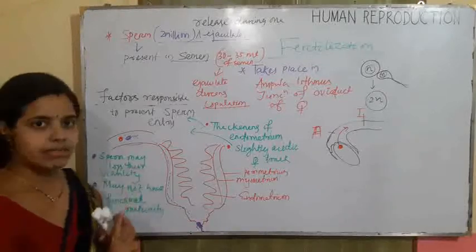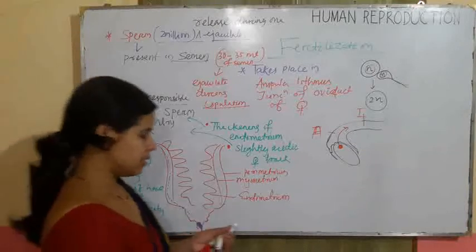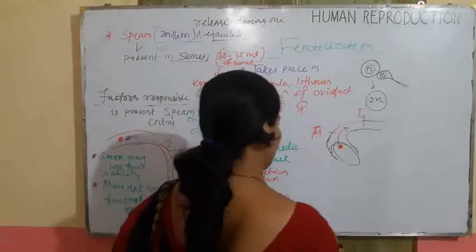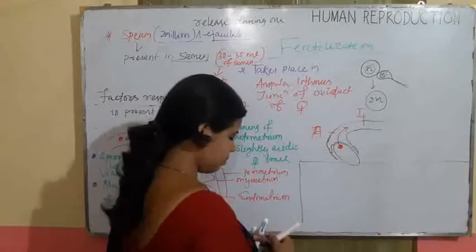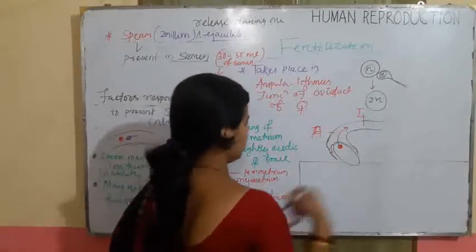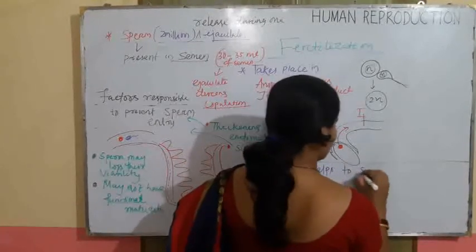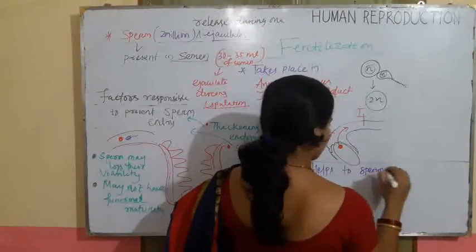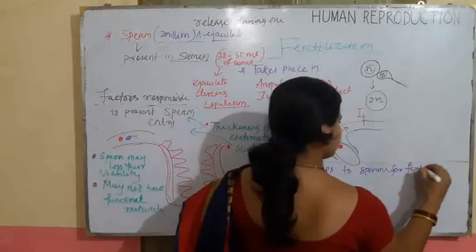But as we know that one has to fuse, so let us take a positive one: what helps the sperms to fertilize the ova. Helps sperm for fertilization.